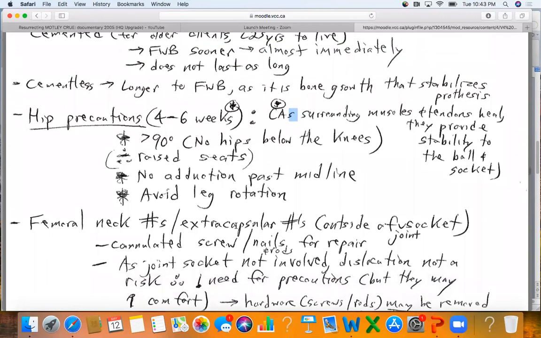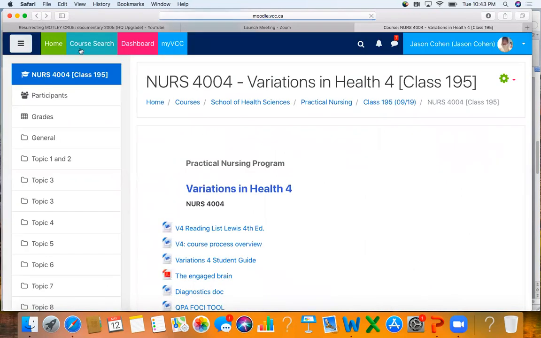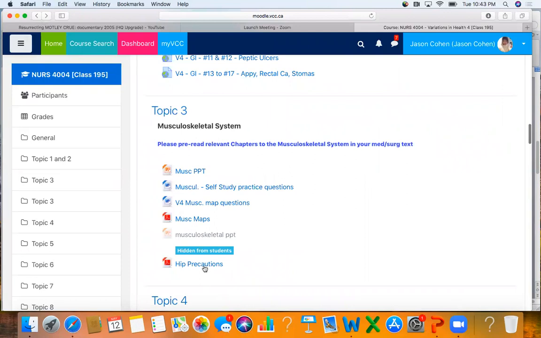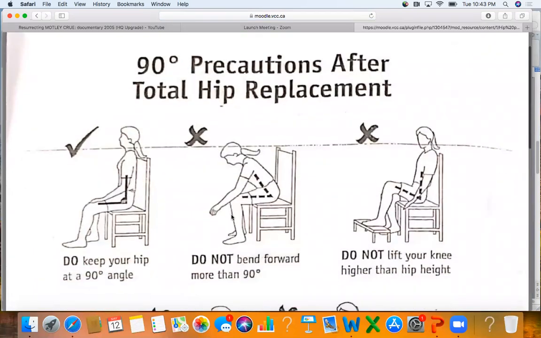So what does all that mean? Is there a better way to talk about that? Yes, there is. Let's look at a diagram here. If we just look at your hip precautions right out of your Moodle, you can see that here's that one piece of advice.